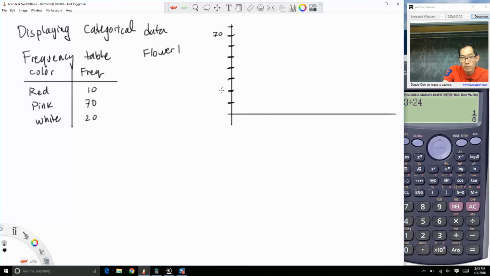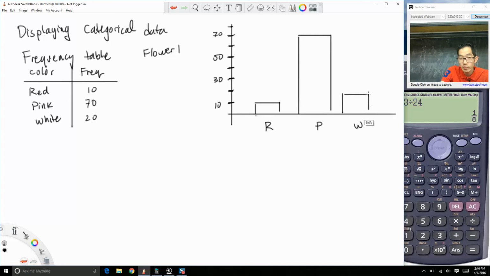So 10, 70, 20. I've got red, pink, and white: 10 red, 70 pink, 20 white.